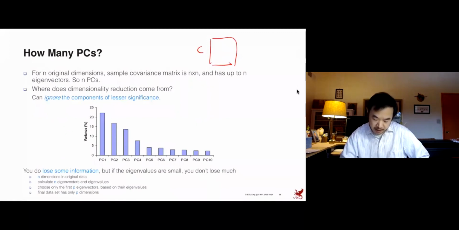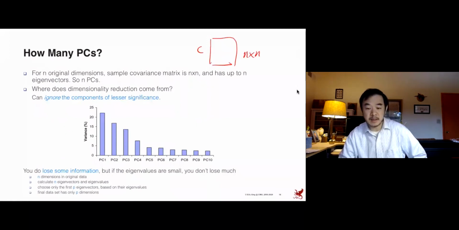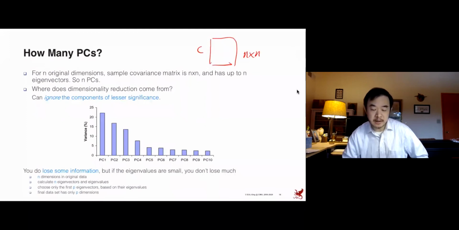It is n by n, n being the number of data points. If you have a very large data set, say a few thousand, and they are non-redundant and therefore full rank, you can potentially get a few thousand principal components, which is probably too cumbersome to carry all.